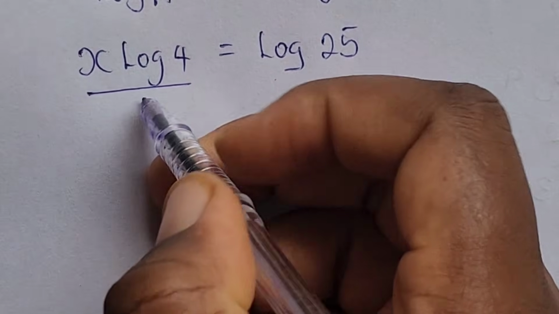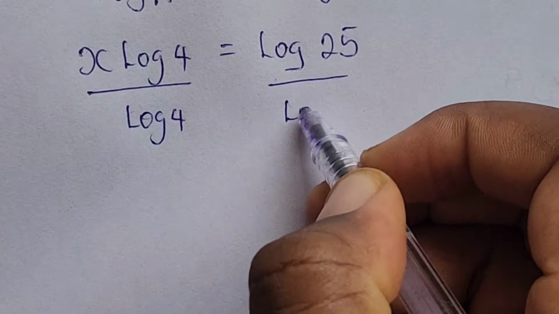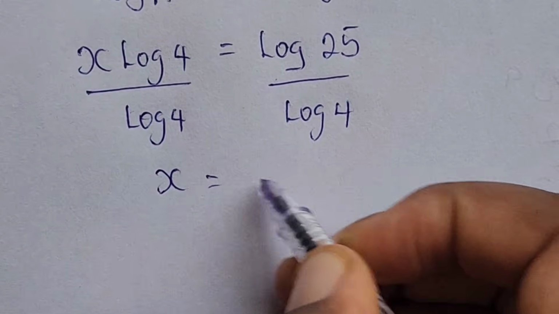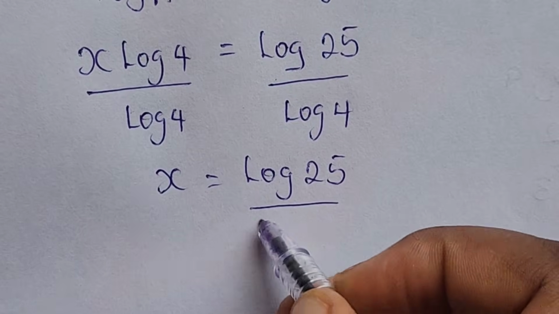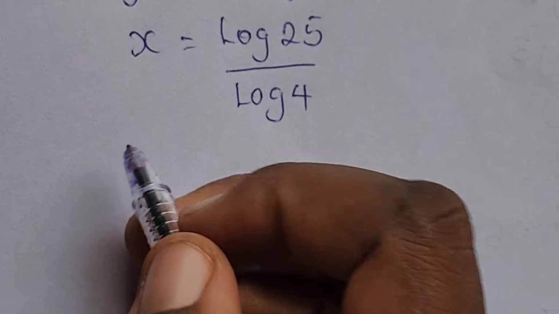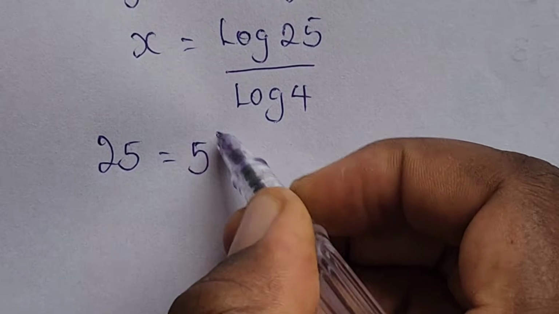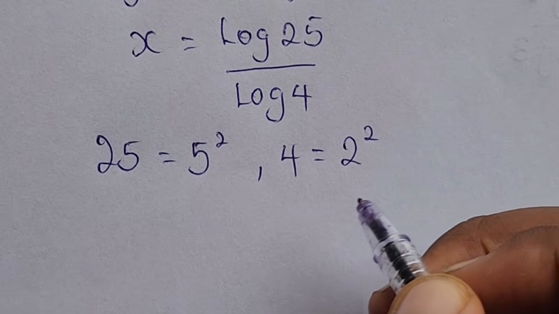So let's divide both sides by log of 4 to have that x is equal to log of 25 all over log of 4. So from here, our 25 is the same as 5 to the power of 2, while our 4 is equal to 2 to the power of 2.